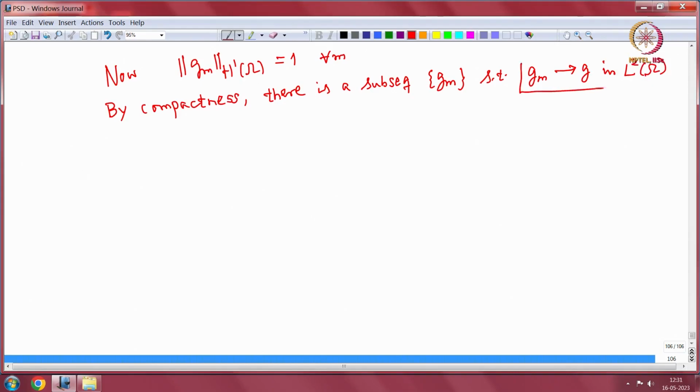Okay, this is by the compactness result: every bounded set in H1 omega is relatively compact in L2 omega. And now we consider this.